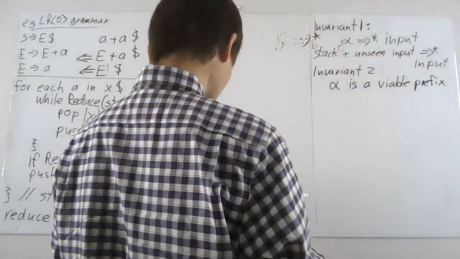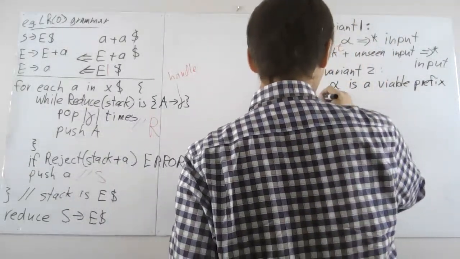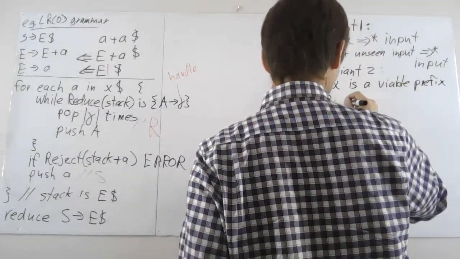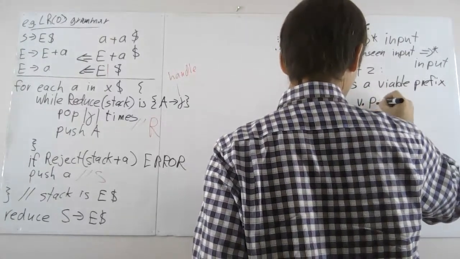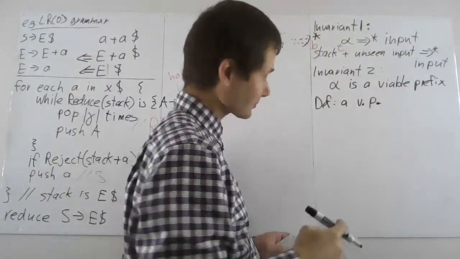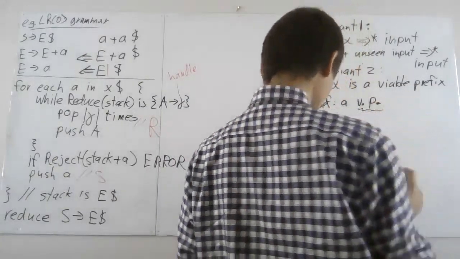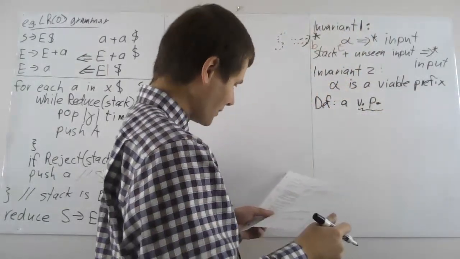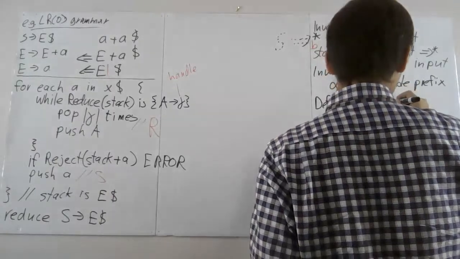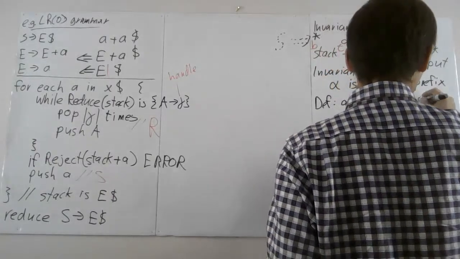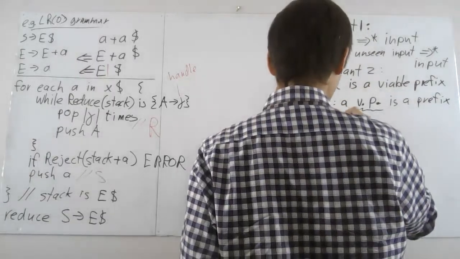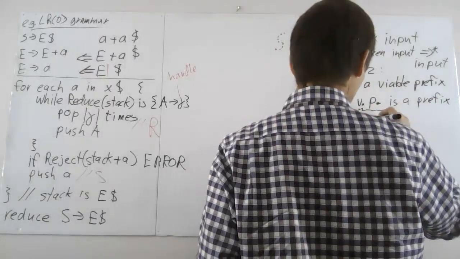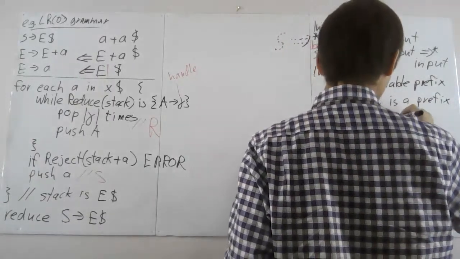All right, and so what's a viable prefix? I'm going to be writing this a lot, so I'm just going to write it as VP. So a viable prefix is a prefix of some sentential form.